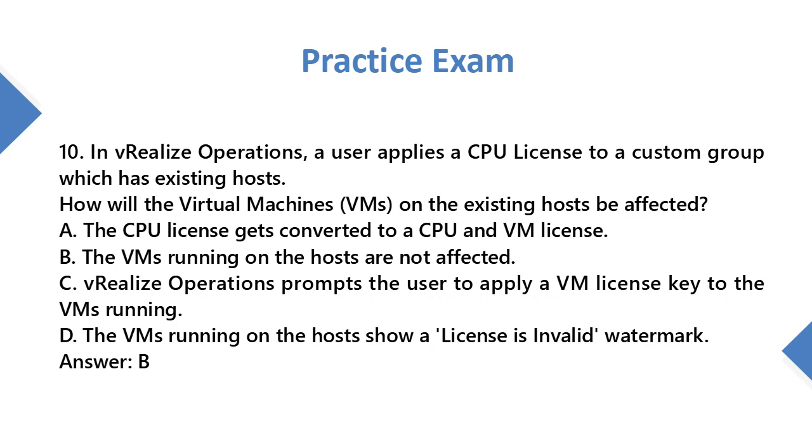B. The VMs running on the hosts are not affected. C. vRealize Operations prompts the user to apply a VM license key to the VMs running. D. The VMs running on the hosts show a license is invalid watermark. Answer: B.